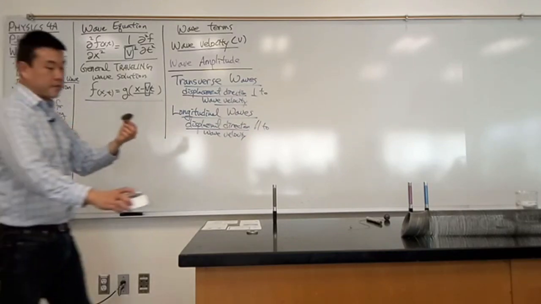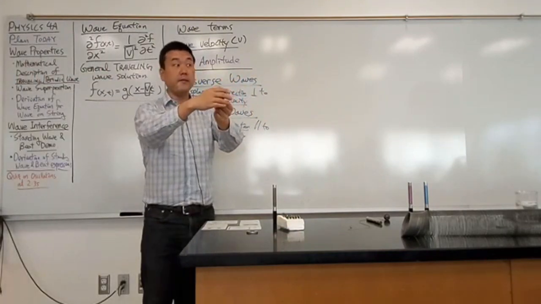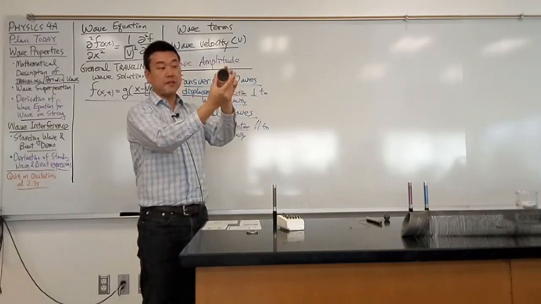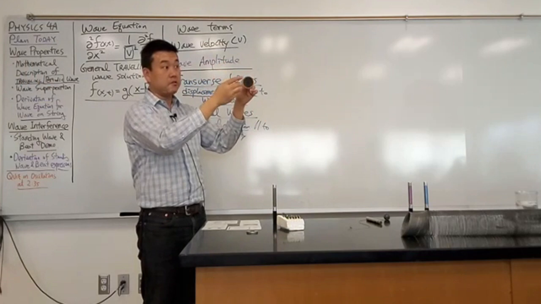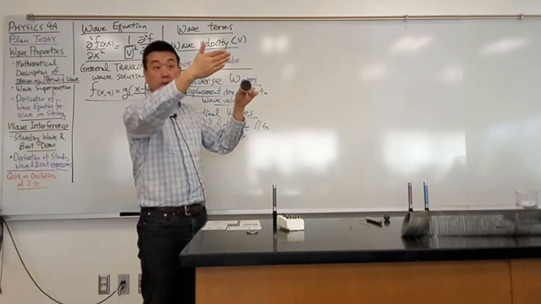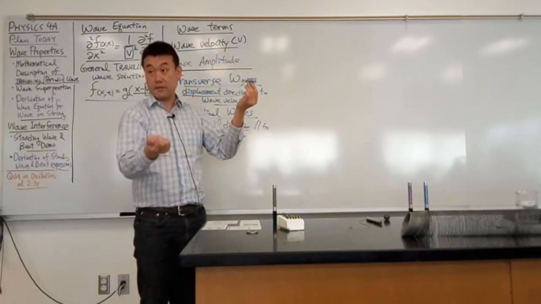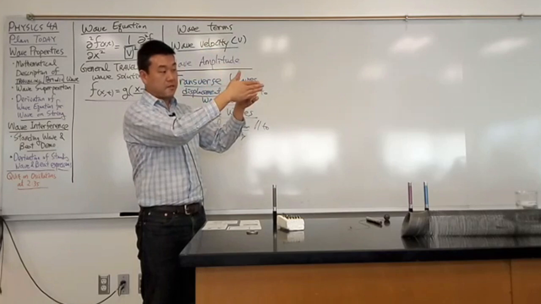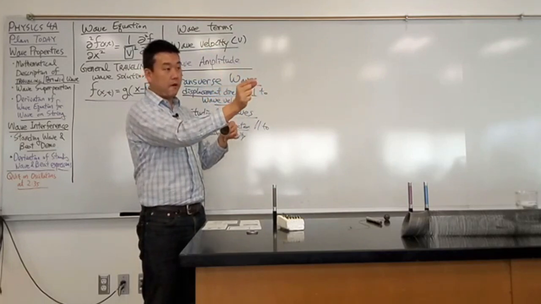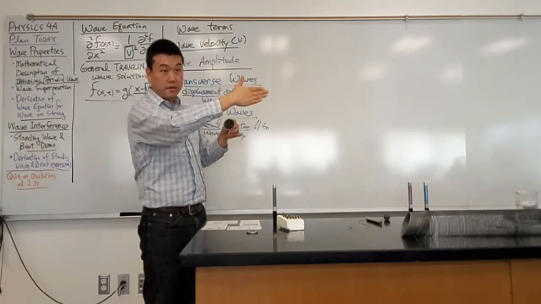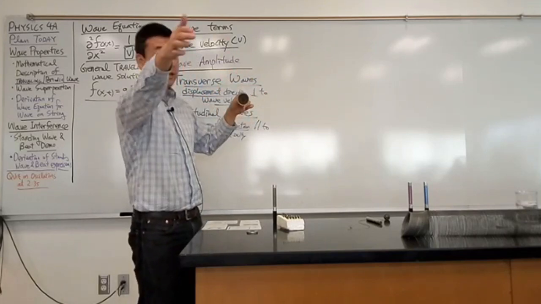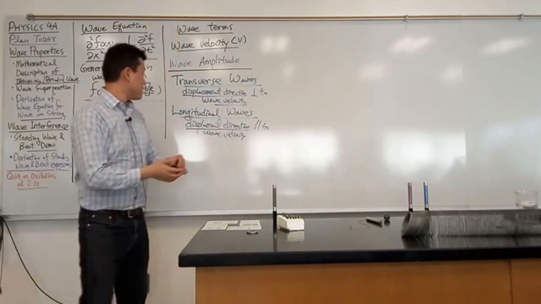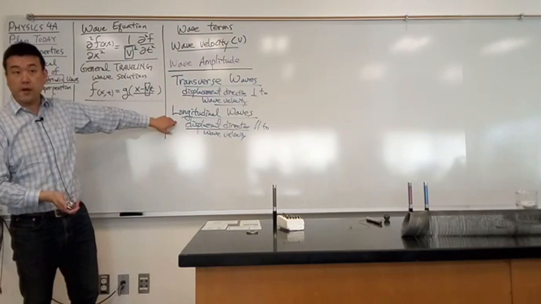I have this membrane, and there's something like a motor vibrating this membrane. The vibration pushes the air back and forth, and that's how sound waves are generated. As this vibrates, it causes the air molecules to move in this direction, and the sound waves propagate along the same direction. So sound waves are an example of a longitudinal wave.